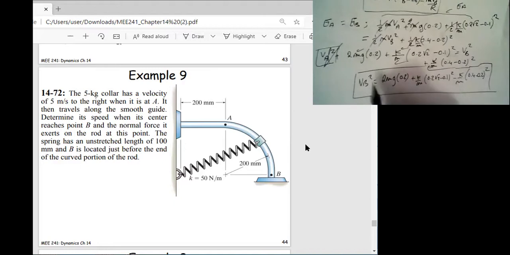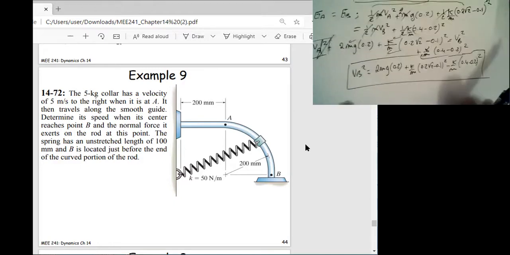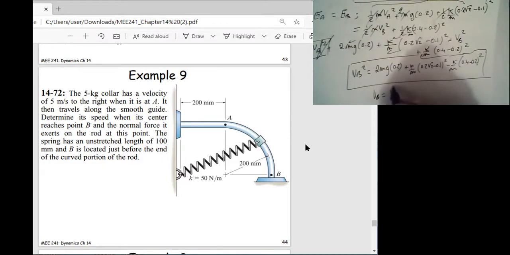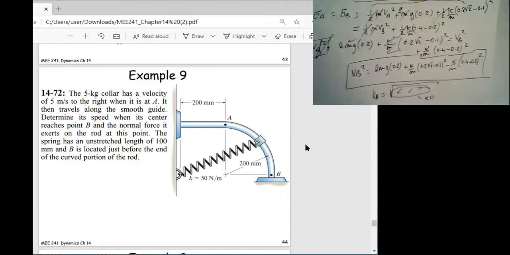All right, so we have V_B squared. What happens if you're on the exam, trying to get a good grade on the second midterm, you solve this, and ultimately you have a negative number here? You're trying to find the velocity at B, but the value is negative and you have a square root, so you have a problem.